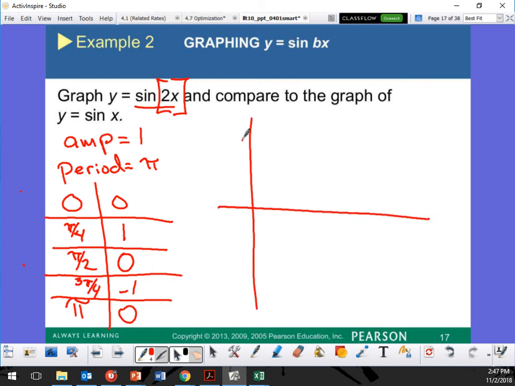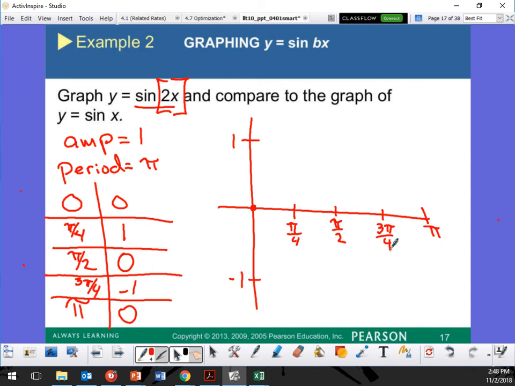How high does this go up? 1, because the amplitude is 1, right? And it goes down to -1. Very good. So I'm starting here at 0 and ending at pi, and we said the middle is pi over 2, and this one is pi over 4.